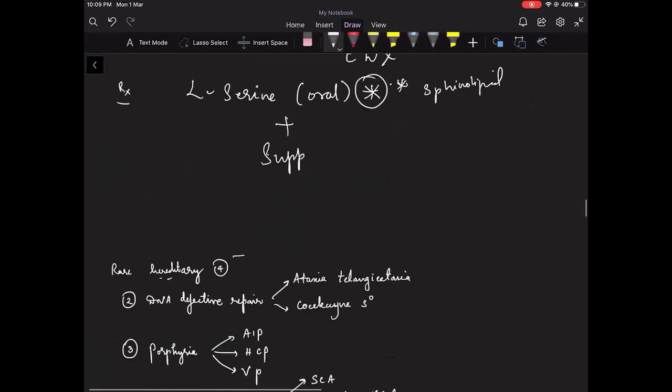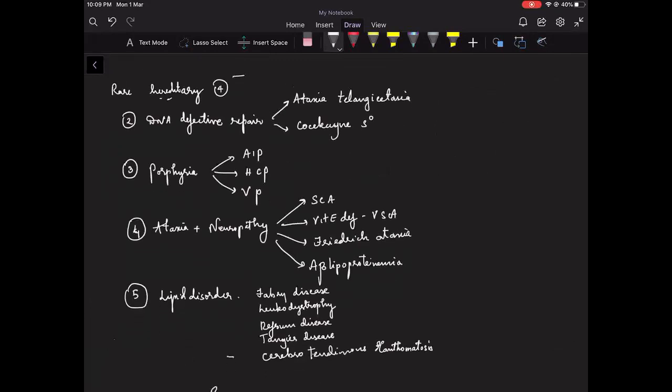In the rare hereditary types, the 4 which are very important: the patient will have defective DNA repair. Under this, 2 causes are there: ataxia telangiectasia and Cockayne syndrome. And under porphyria, it could be acute intermittent porphyria, hereditary porphyria, or variegate porphyria.